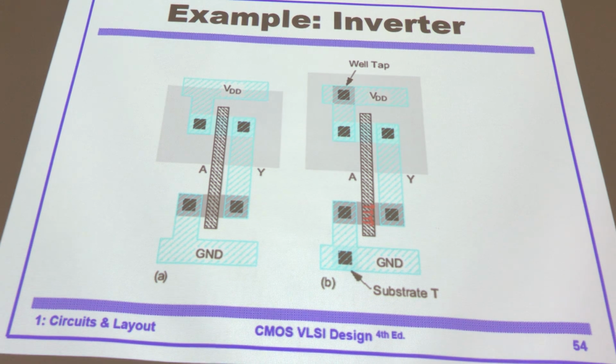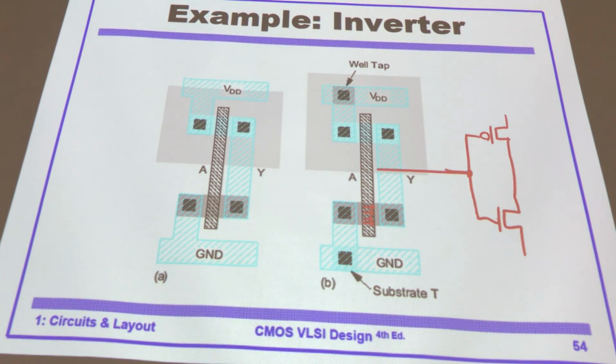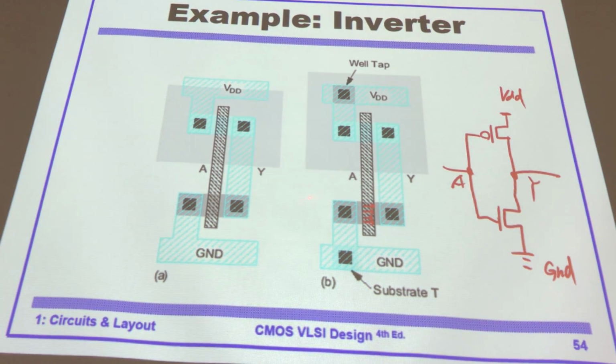Look at the circuit. This is the circuit. VDD, the ground, the input, and output 1. The corresponding circuit. So you should be able to tell which signal is where, right?